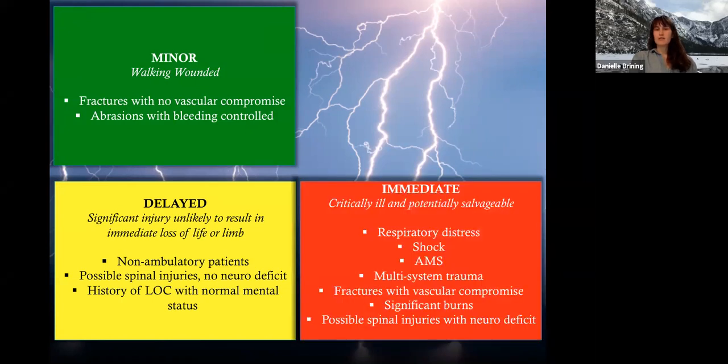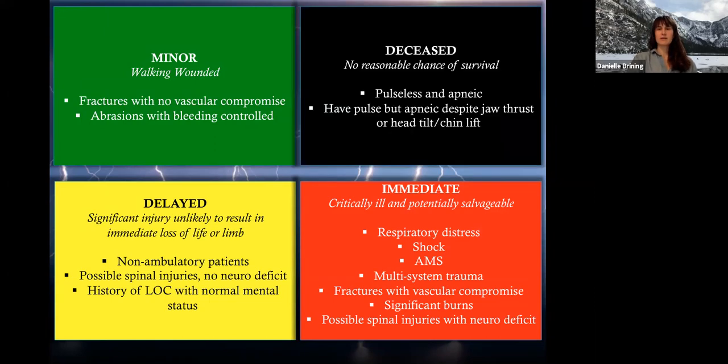Immediate or red is our critically ill but potentially salvageable patients. A lot of people go in here; that's when you hit any of those 4 ABCD markers. And then the deceased, as we discussed, is either pulseless and apneic or has a pulse but is apneic despite one attempt at airway repositioning, because they have no reasonable chance of survival without many resources.